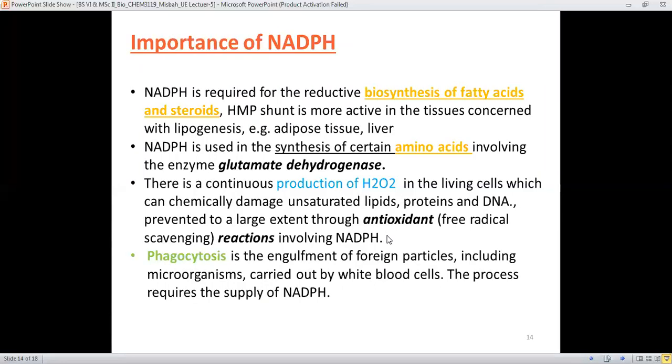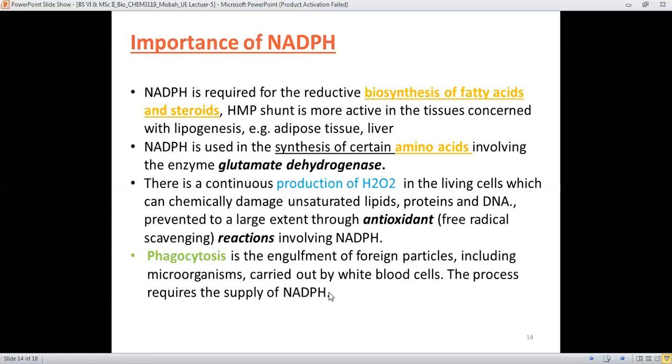Therefore, in order to prevent it, detoxification must occur through NADPH. NADPH acts as an antioxidant, and therefore the free radical scavenging process occurs, and the detoxification of H2O2 results. And it also has one more important role.